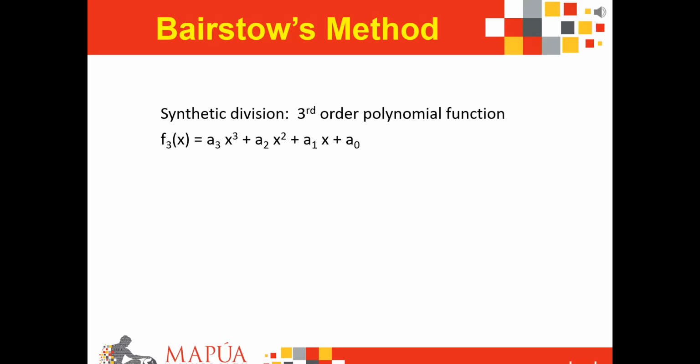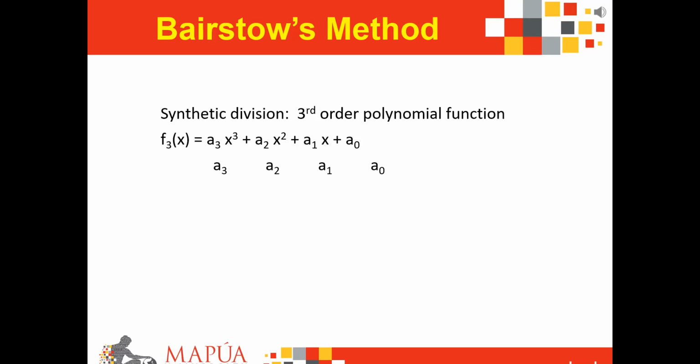To give you an idea or a rundown of how synthetic division is applied in evaluating the quadratic equation, let's take a look at this given cubic polynomial function, wherein we're given a3x^3 plus a2x^2 plus a1x plus a0. The usual process involving your synthetic division takes the coefficients a3, a2, a1, a0 and subjects them to a division-like operation on your respective roots.